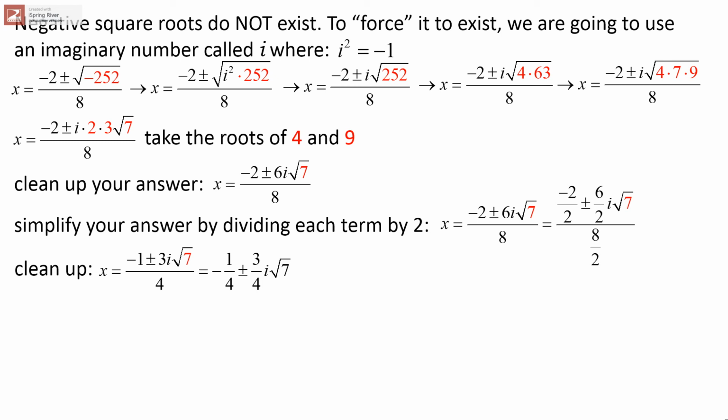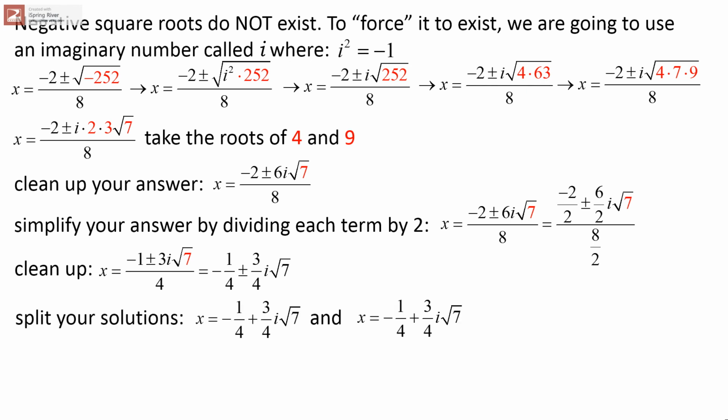And I am now going to write it in standard form for a complex number or an imaginary solution. My solution is now negative 1 over 4 plus or minus 3 over 4 i square root of 7. Because we can't do both an addition and a subtraction at the same time, we have to separate and split our solutions.